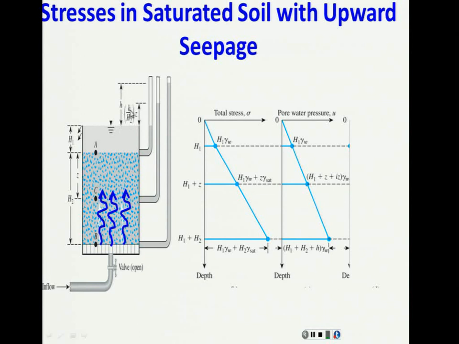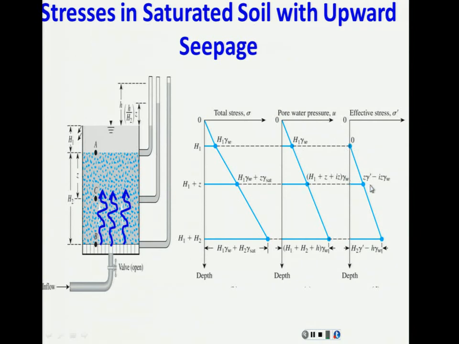Now look closely. What is H divided by H2? Oh, wait a second. H, I mentioned it before, is the difference in head. H2 is the length of the soil. Difference in head divided by the length of the soil is the hydraulic gradient. That's what this comes from. Now when you subtract point by point, you get your effective stress, which is 0 at this point as before.